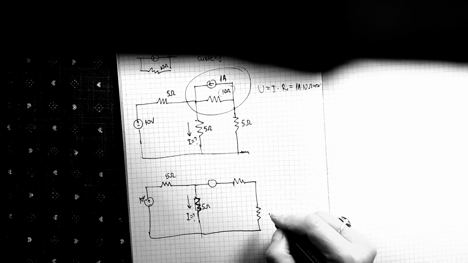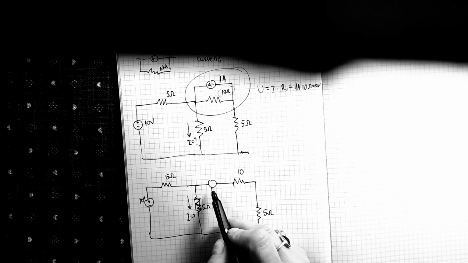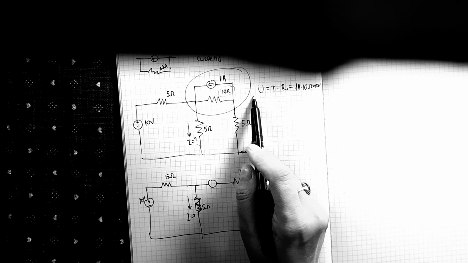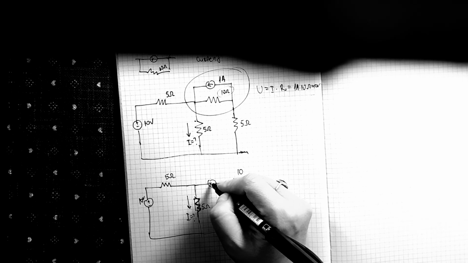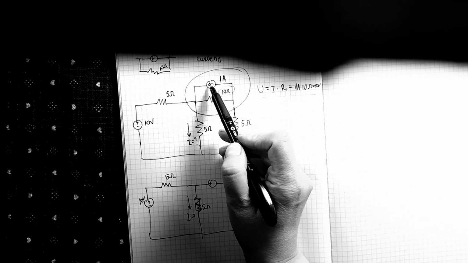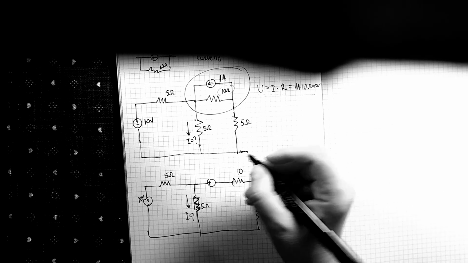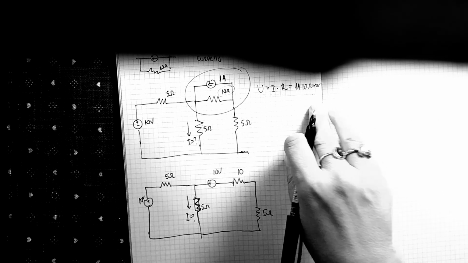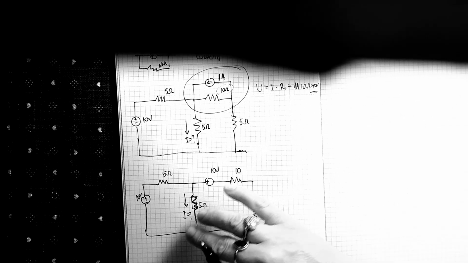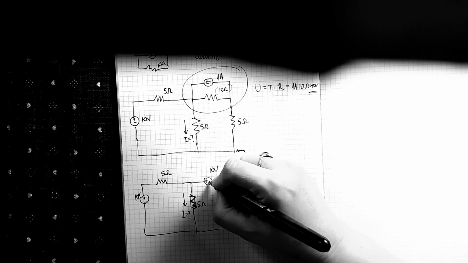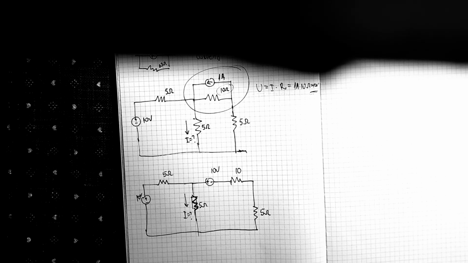So 5, this one is 10. Now this will not be a current anymore, it will be a voltage that we calculate here. Also the plus will be on the side where this arrow is pointing, and that is 10 volts. Okay, so our simple circuit is now this circuit.